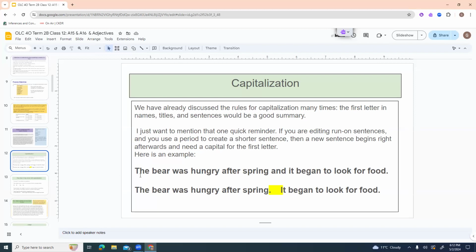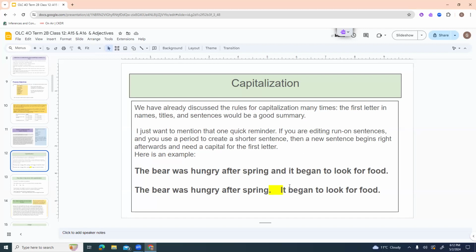So if I originally had the sentence, the bear was hungry after spring, and it began to look for food, and I decided to split it up, cross off the and put a period after spring, now the it is a new sentence. So I can't use the little it, I have to use the big or the capital I.